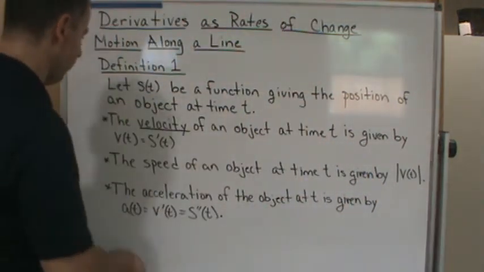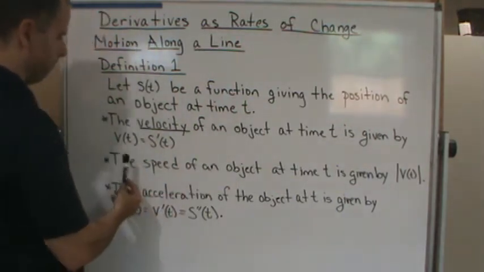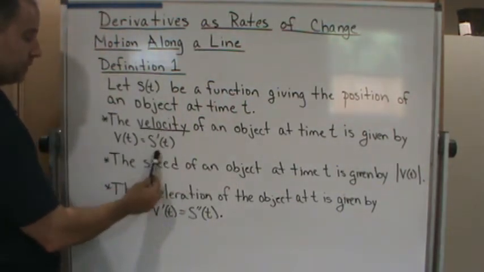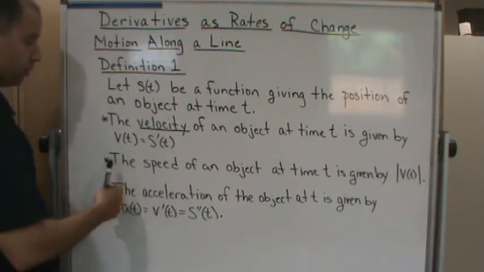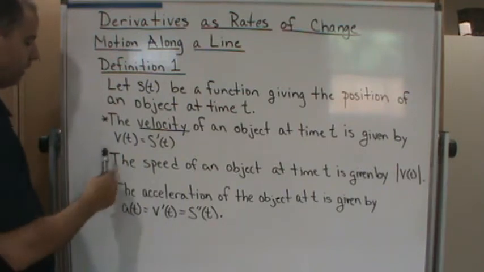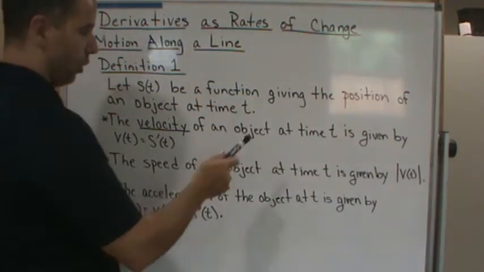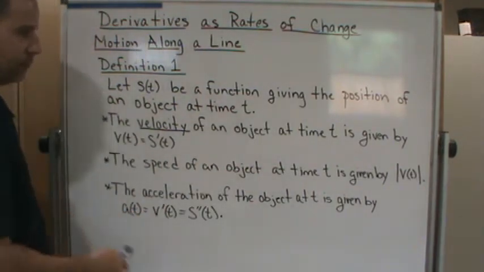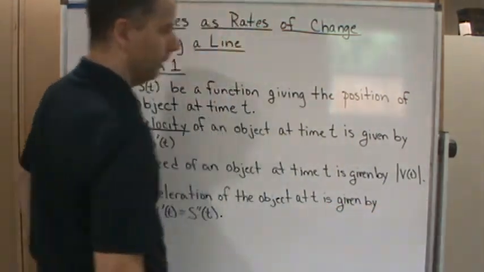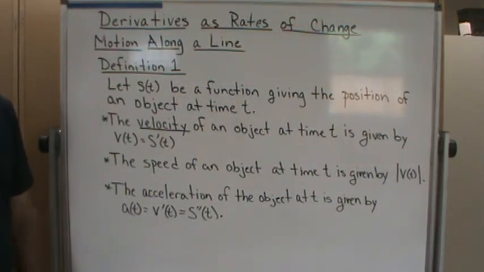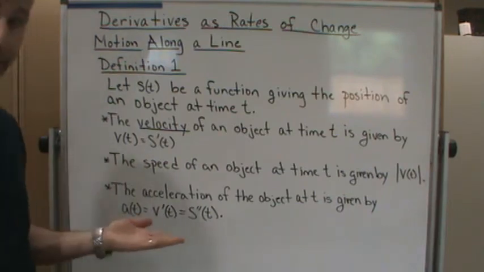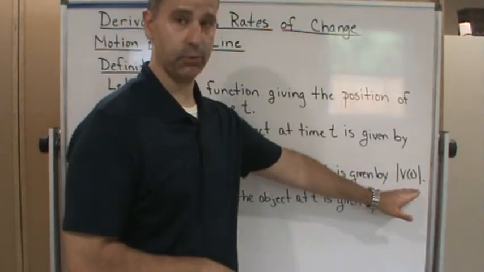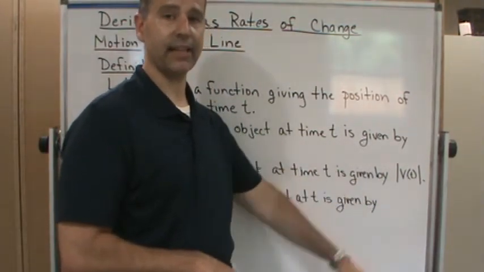So the velocity of an object is given by the derivative of the position function. And this would include a directional component, so it could be negative or positive, okay? Now the speed of an object at a given time t is given by the absolute value of the instantaneous velocity function, because again, we don't care what the direction is, so it's always going to be positive. That's why we always use the absolute value, because it's like displacement, right?